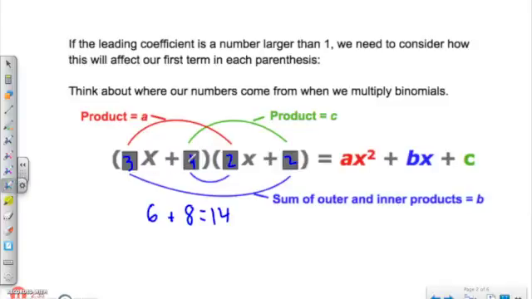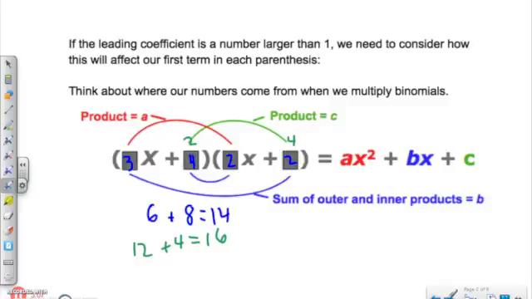If I put the 2 here and the 4 here, what I now have is 3 times 4, which is 12, and 2 times 2, which is 4, and that's going to give me a sum of 16. So we can see that when we put numbers other than 1 here, the order where we put them is going to have an effect on our product.